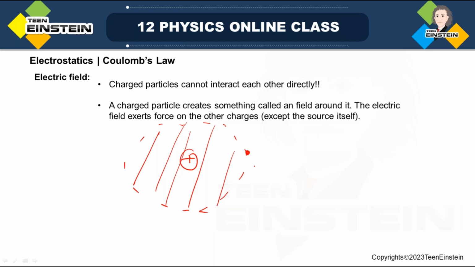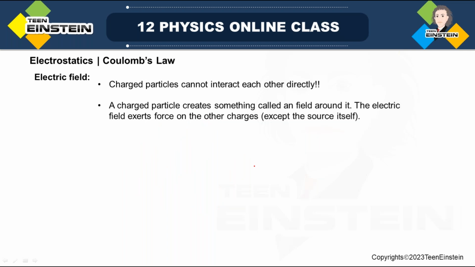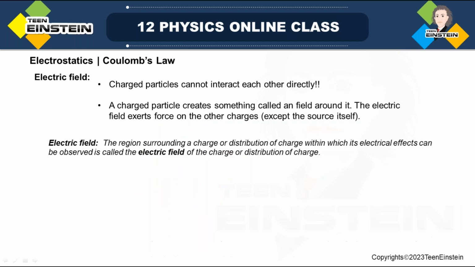Okay, so I hope you have understood the concept of field. A charge particle will create its influence, and that influence is actually called the electric field. So formally, how do we define electric field? The region surrounding a charge particle or a distribution of charge particles is called field.